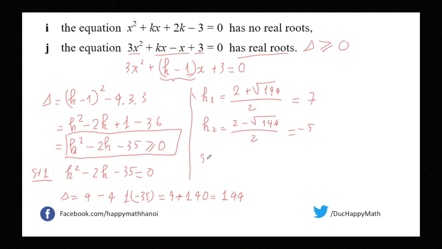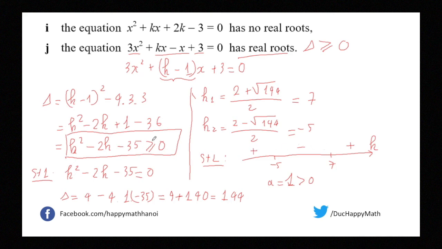So step 2, you set both values on the x-axis or the horizontal axis. This is k, and minus 5 will be on the left and 7 will be on the right. The coefficient of the second degree term is 1, so a is equal to 1, positive. So the left part is positive, the right part is positive, and the middle interval will be negative.